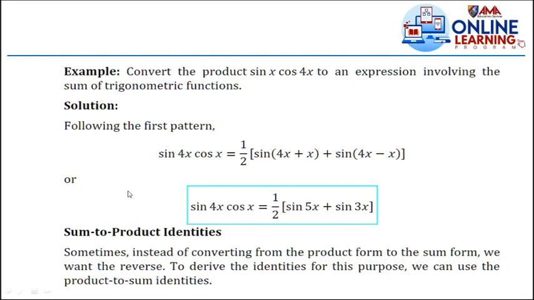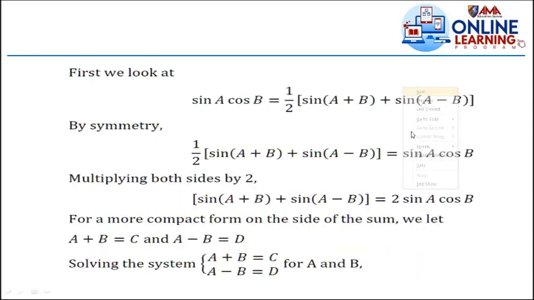Next, we have the sum to product identities. Sometimes, instead of converting from the product form to the sum form, we want the reverse. To derive the identities for this purpose, we can use the product to sum identities. So how do we do it?